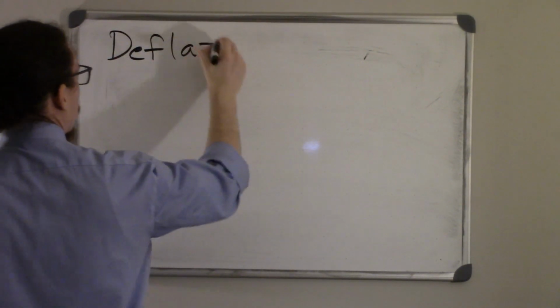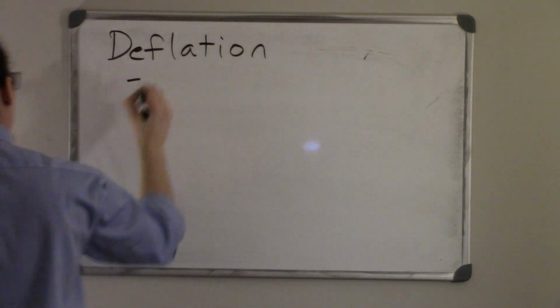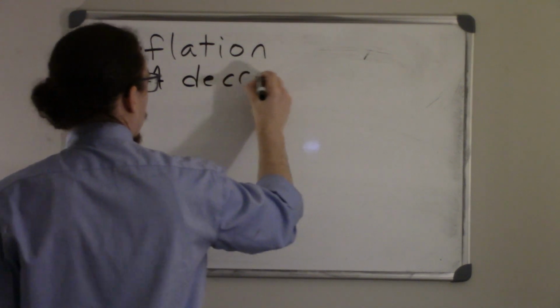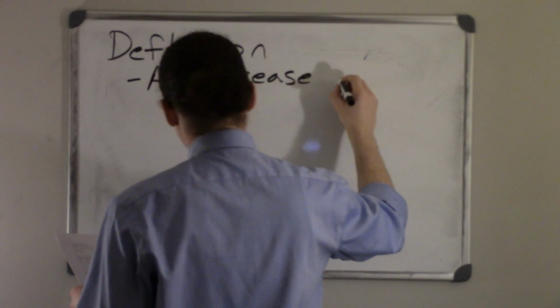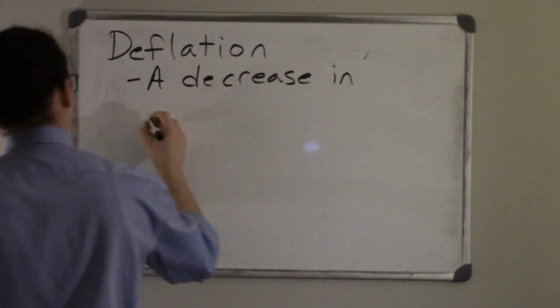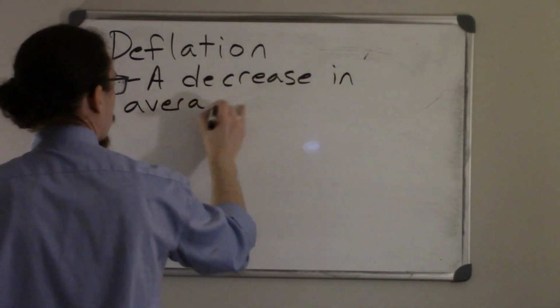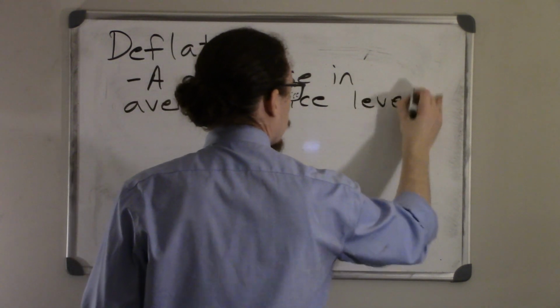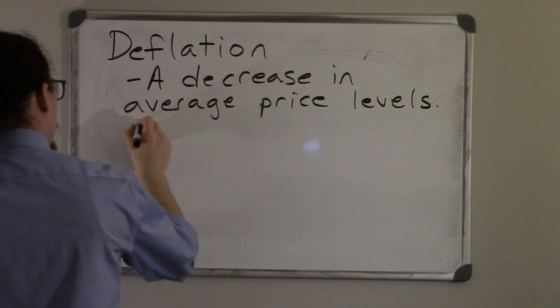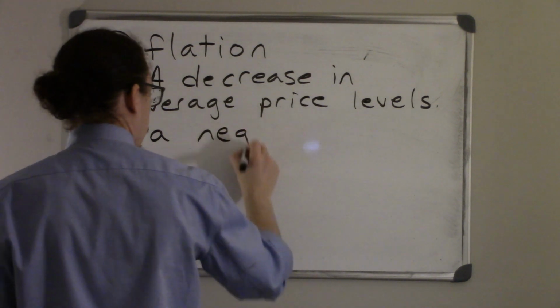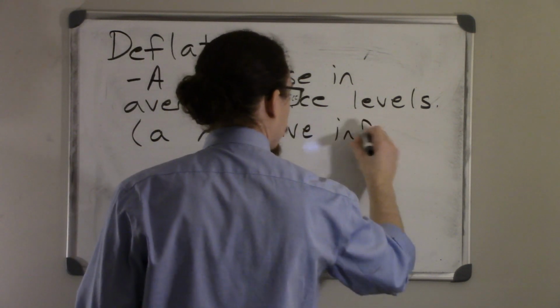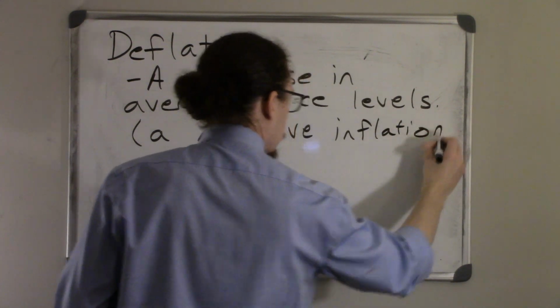All right, but before we end this video, a couple of topics I want to hit. One, we mentioned it, deflation. All right, so deflation is a decrease in average price levels. So this would show up as a negative inflation rate.